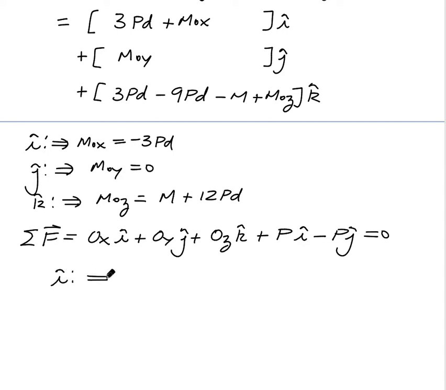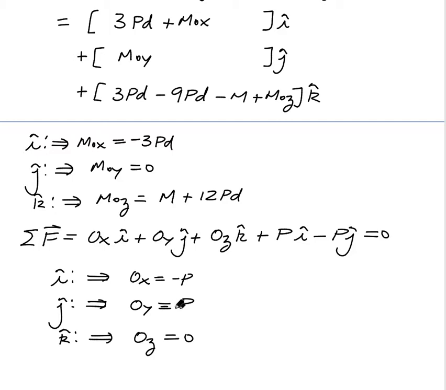And the I components tell us that OX is equal to minus P. The J component tells us that OY is equal to positive P. And the Z component tells us that the reaction force in Z is zero, which makes sense. There are no forces being applied to it from the outside world in Z.